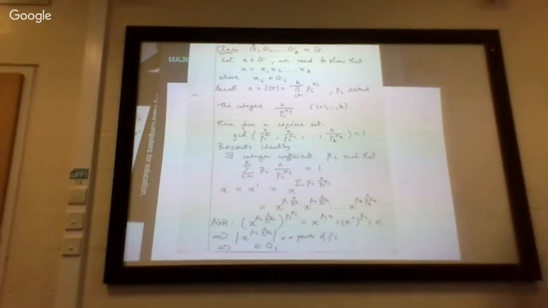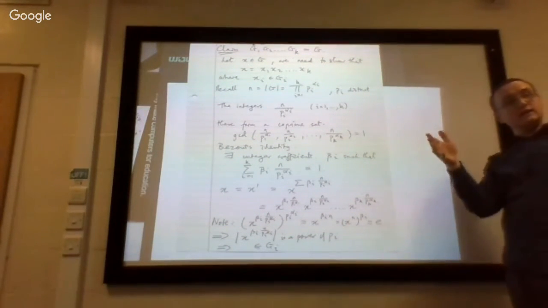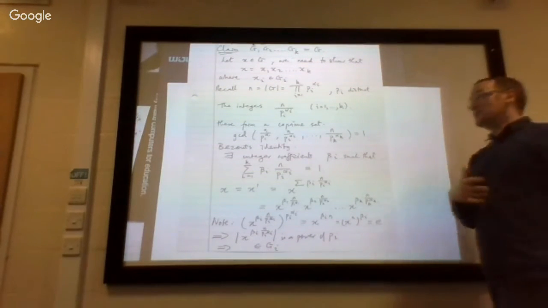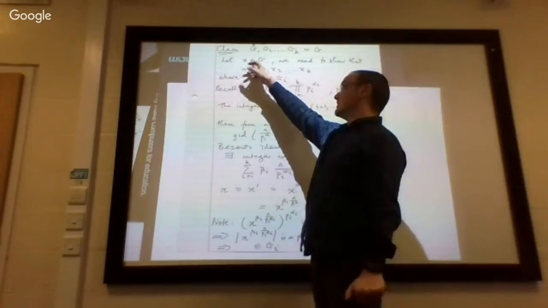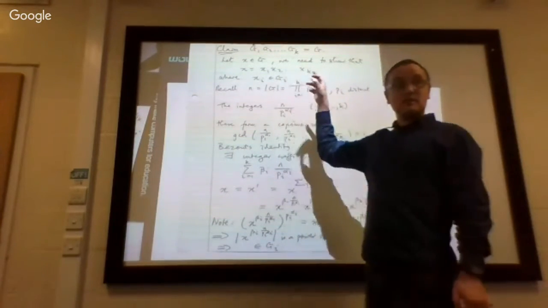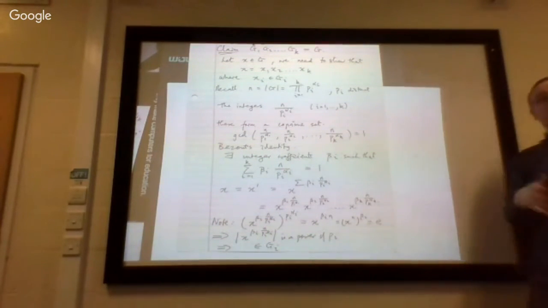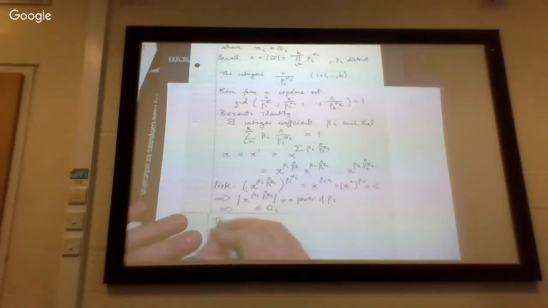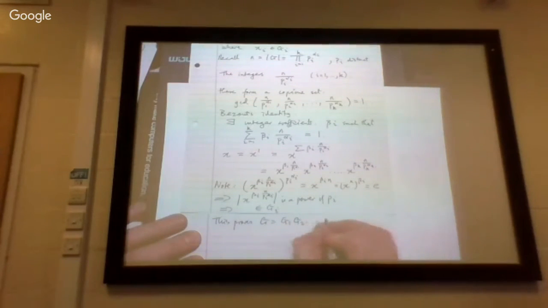We've already established that the primary components multiply together to give an internal direct product, some subgroup of G, but now we've just demonstrated that anything from G is in the internal direct product. So the internal direct product is all of G. This proves that G is equal to G1, G2, up to Gk as required.